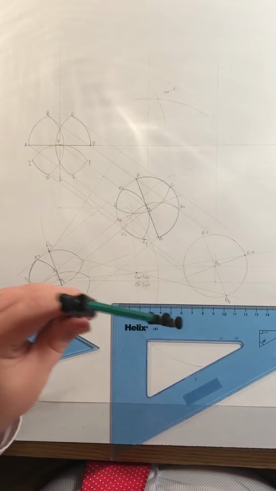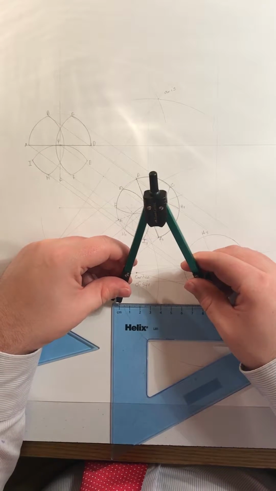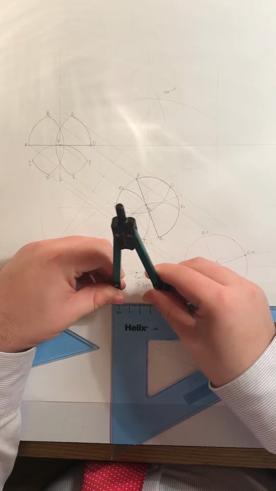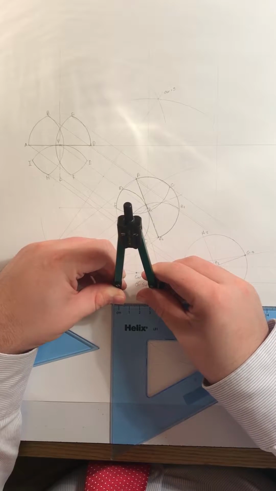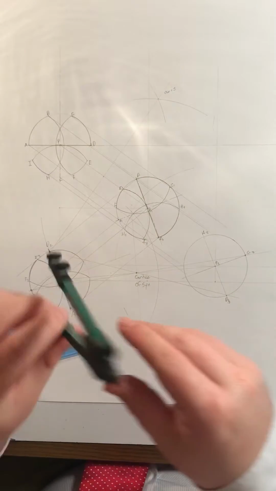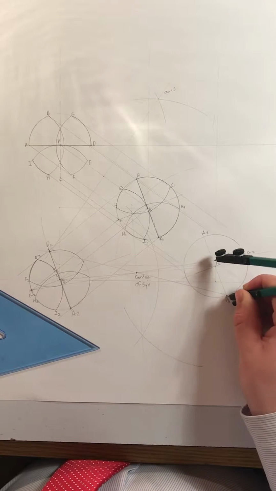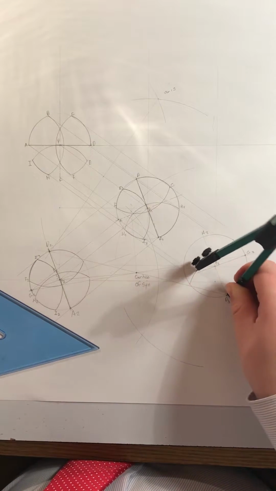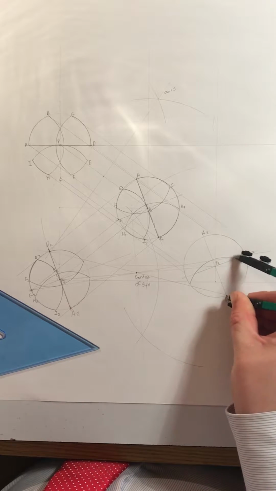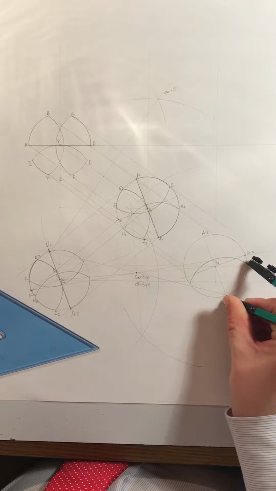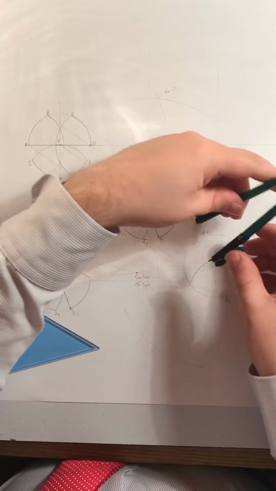Now I'm going to redraw my logo. So I'm going to set my compass at radius 35. I'm going to put my compass on D3. I'm going to swing an arc here. And likewise on A3 I'm going to do it.